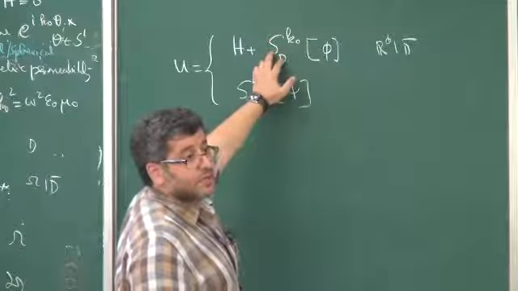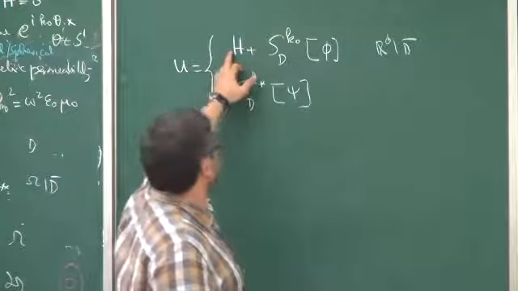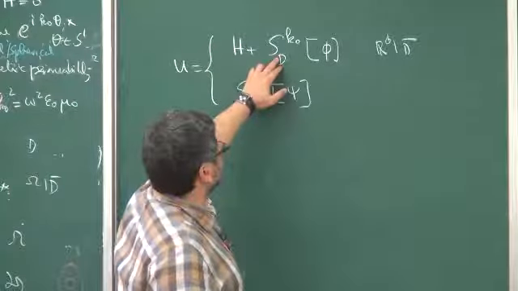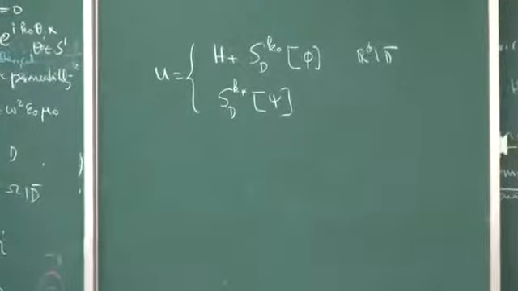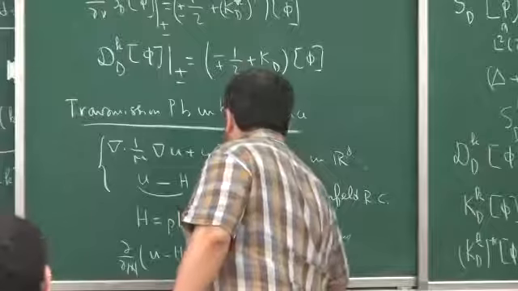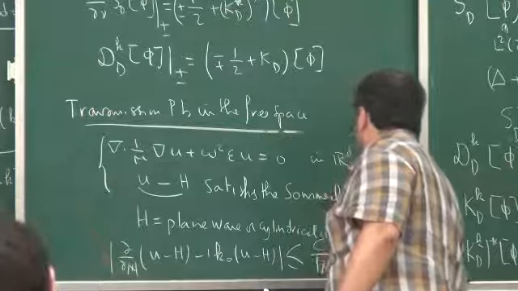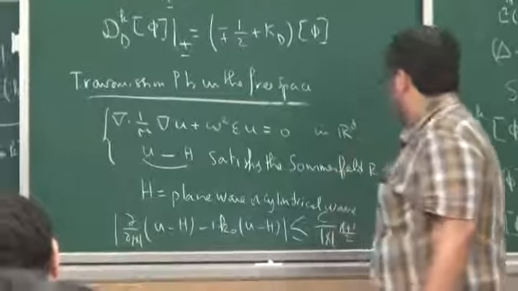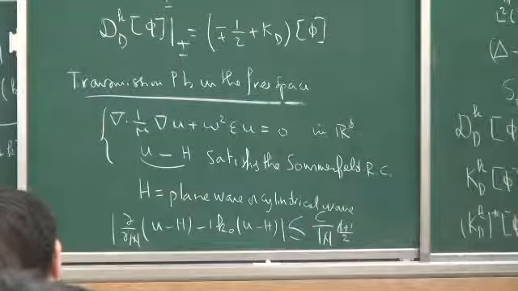Yes, because the single layer potential is a solution to the Helmholtz equation, and h is a plane wave or cylindrical wave. u minus h is a single layer potential, so it satisfies the radiation condition: the derivative of u minus h in x, minus i k0 times (u minus h), has to decay like |x| to the power minus (d plus 1) over 2. Because the single layer potential satisfies the radiation condition, it is automatically there.